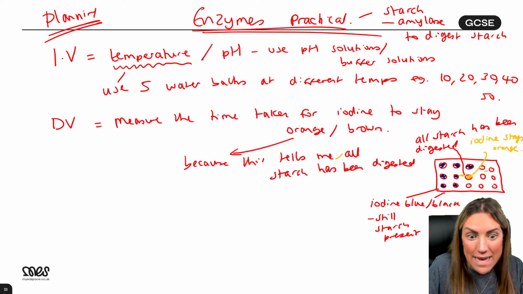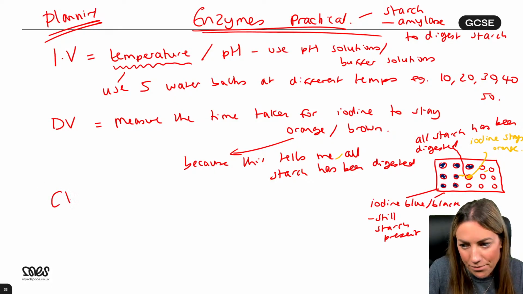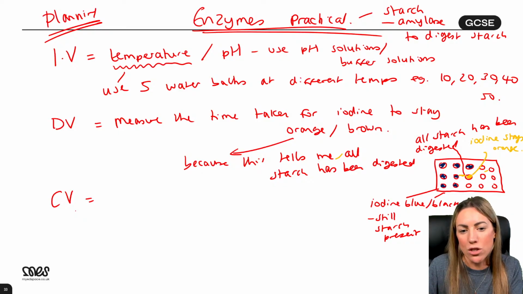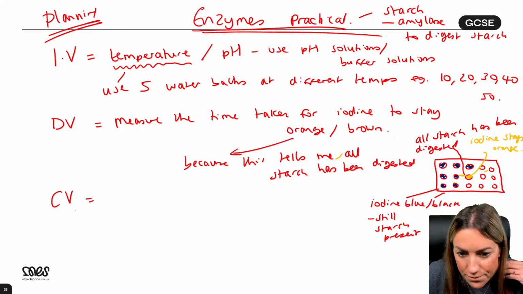Then, big important tip for any investigation that you plan, you must give at least 3 controlled variables. Again, using this example, what would your control variables be? These are the ones that you have to keep the same because if you don't keep them the same, they will affect your results. In this case, they would affect the time taken for starch to be digested.